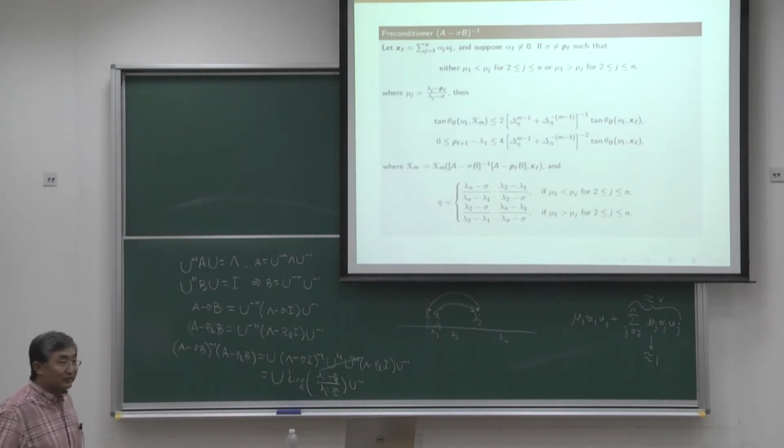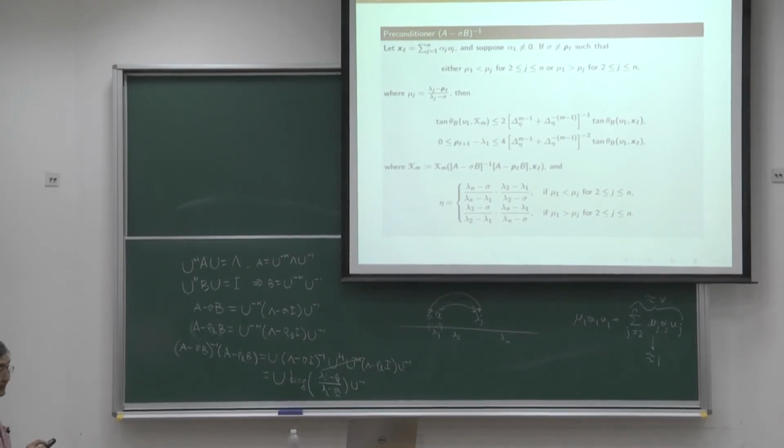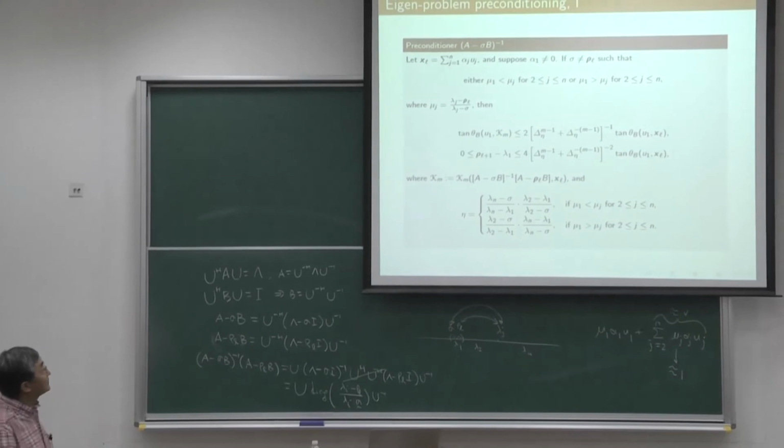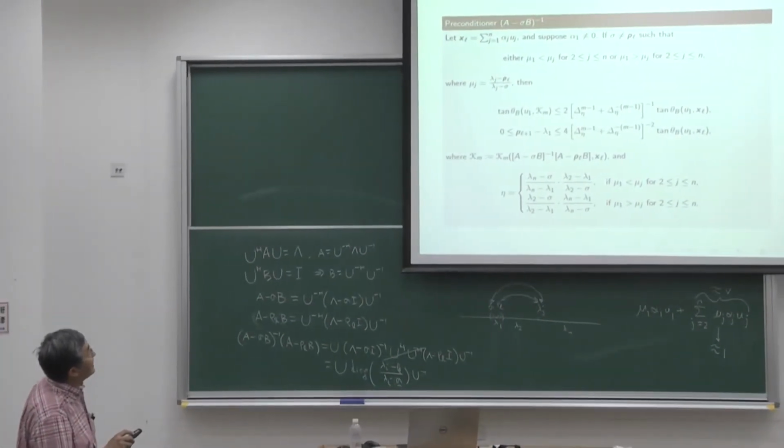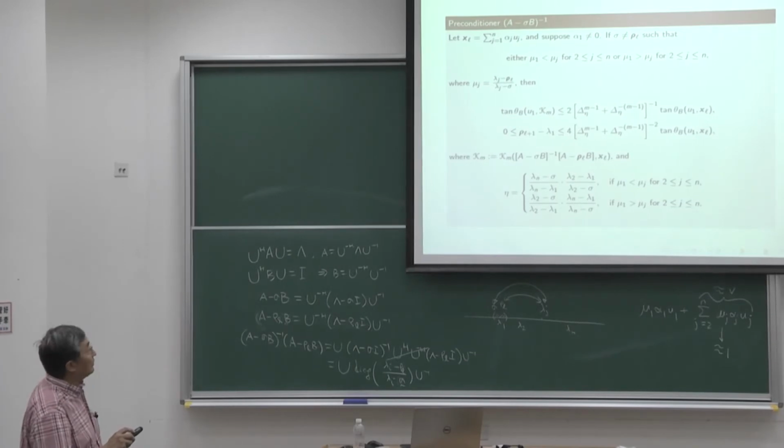In fact, you can put a theorem like that. I won't prove it. I already mentioned that the previous theorem will be the one that I'm going to prove in detail. This theorem says you start with XL. The first component cannot be 0 because that's U1, which is what we're trying to look at. And you do a shift. You find the shift sigma that's not equal to rho L. If it equals rho L, you're going to have a problem.